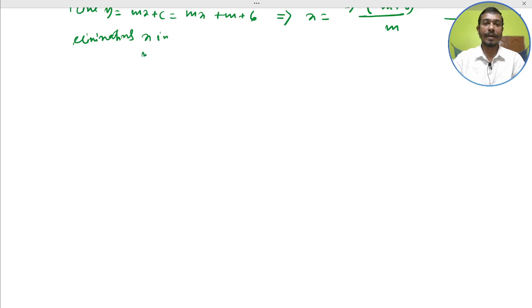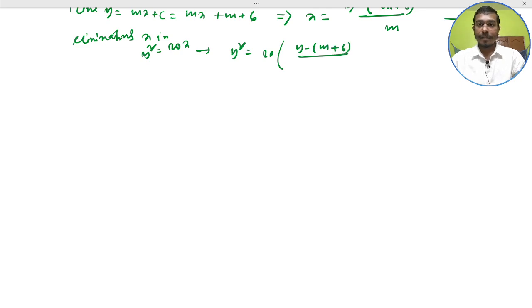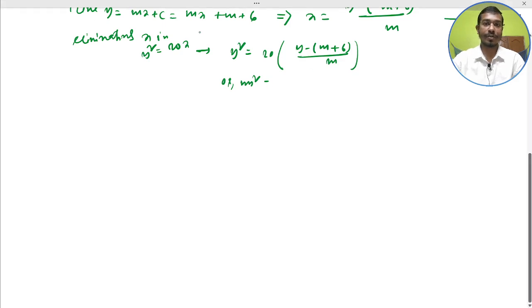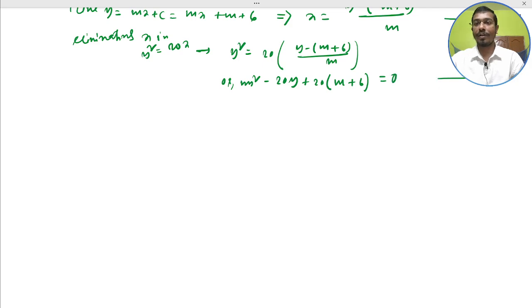Eliminating x in the parabola means y square equal to 20x. We would get what? y square equal to 20 into (y minus m plus 6) divided by m. Solve this. You would get my square minus 20y plus 20 into (m plus 6) equal to 0.